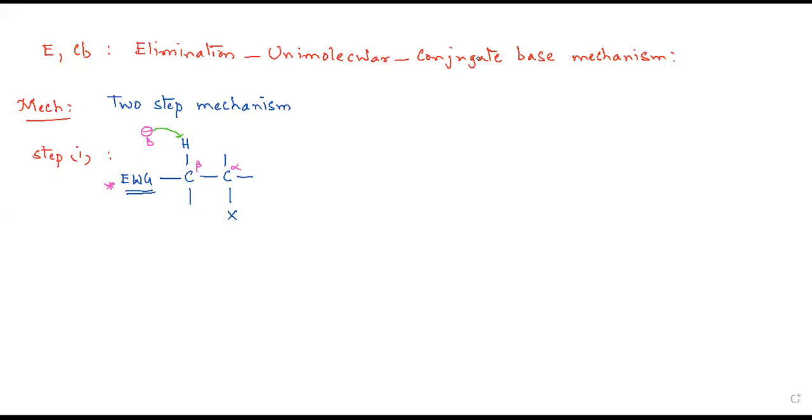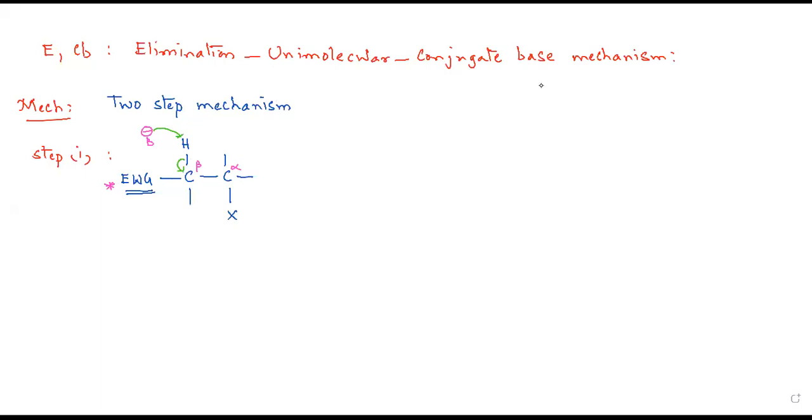As and when the H plus is abstracted, this bond comes to this carbon atom, which has got an electron withdrawing group attached.